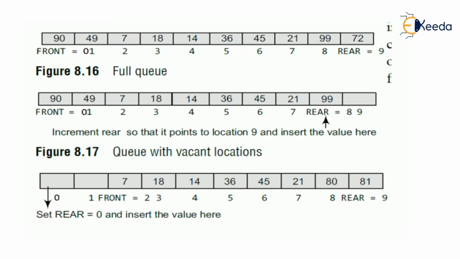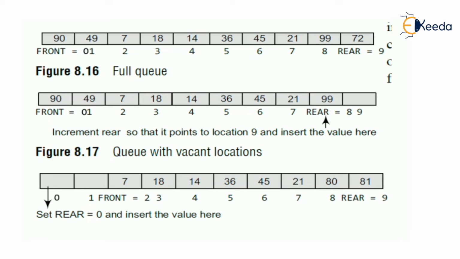So in a circular queue, we write the conditions in such a way that we can use the vacant positions. Our aim is that whatever vacant position is wasted in the case of a linear queue, we use it in an efficient manner.